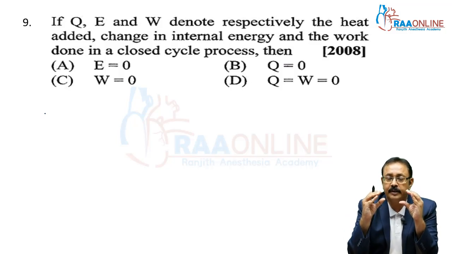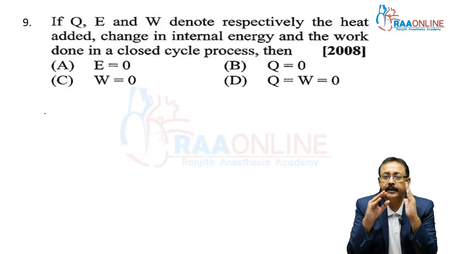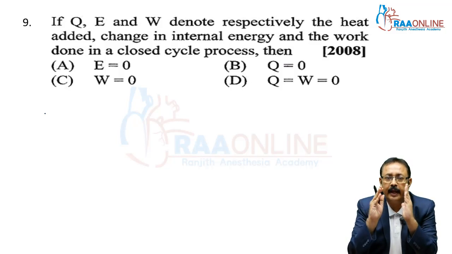So work is not zero. What energy you are supplying to system, it will do only work, means Q and W both cannot be zero, only change in internal energy.